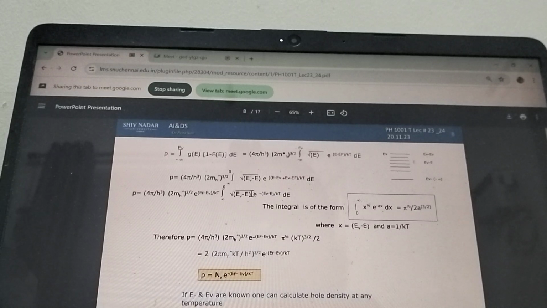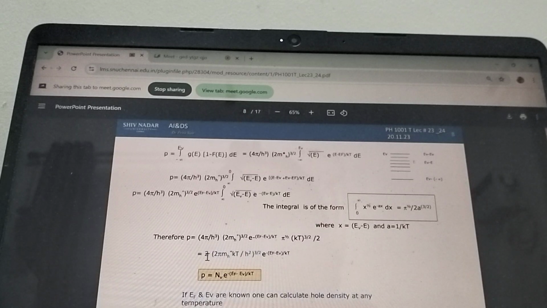The root remains the same, e to the power minus (EV minus E) upon kT dE. Now if you compare this with the standard integral, this again should be 0 to infinity; it's a typo. Comparing the two expressions, there is a correspondence where x is equal to EV minus E and A is 1 by kT. The solution is given to you, you substitute it back, and this is the expression you get.